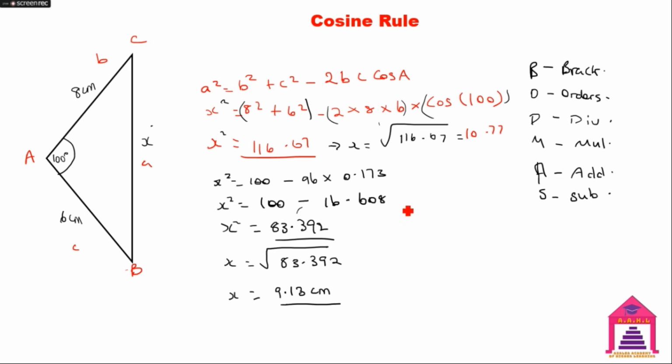I would always say to take this route rather than just plugging the values into the calculator, because sometimes you do make mistakes. If you break it down, or if you want to plug in the values, you can put in the brackets.